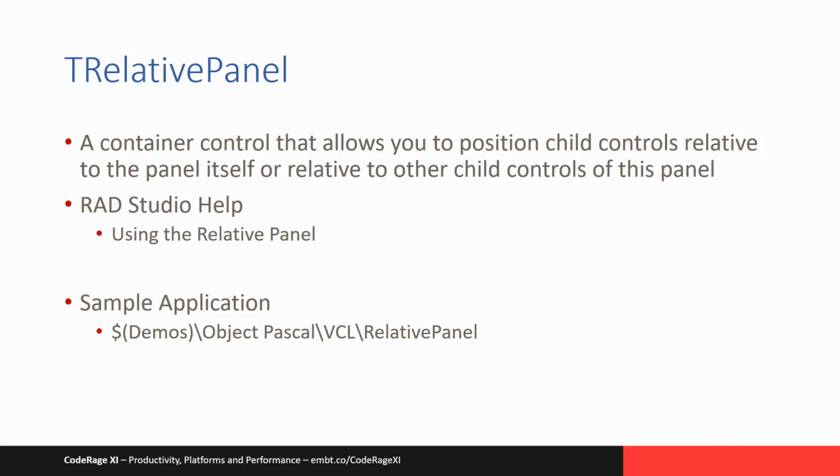This is one of those areas where the RAD Studio Help is very important, and we're going to take a look at that in just a little bit. But first, we're going to take a look at the relative panel and just what it can do for us.